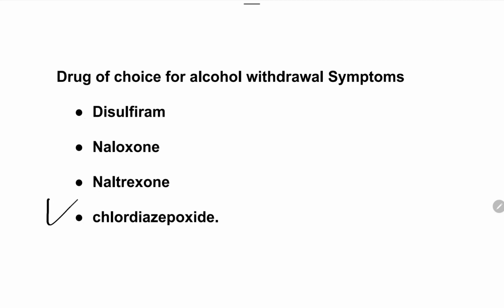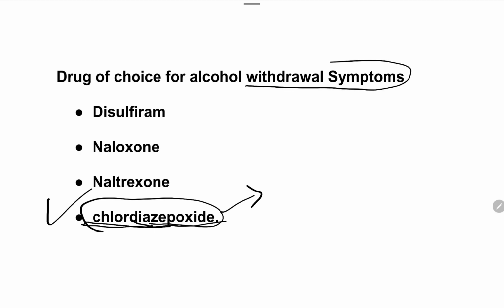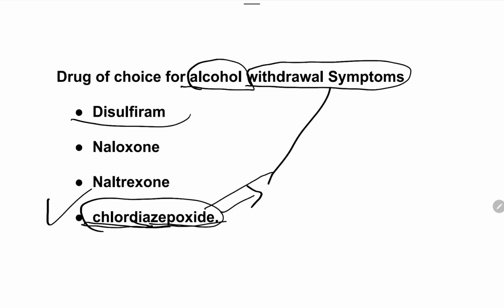The right one is option D, chlordiazepoxide. We can use this drug for patients with withdrawal symptoms. Otherwise, for alcohol dependence, we can use the drug disulfiram.